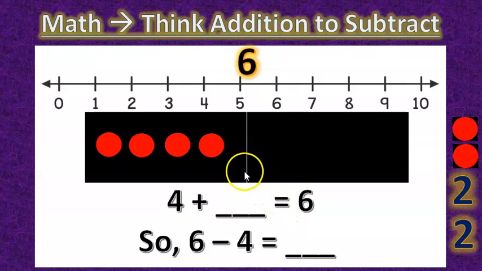And then you look here at this first rectangle. This has some red circles in it. This side has none. We're going to have to fill in this side using the number line here. Now, yesterday I told you, you count up these red circles that are here. Let's count how many there are. Count with me. 1, 2, 3, 4.